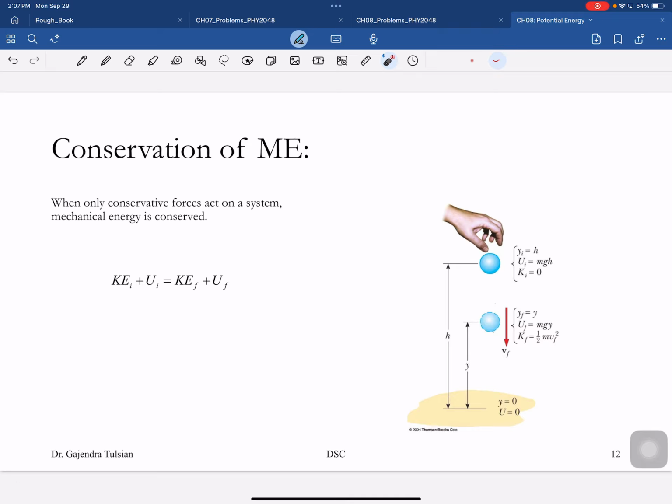All right, so mechanical energy is kinetic energy plus potential energy. And this is conserved. When is it conserved? When only conservative forces act.